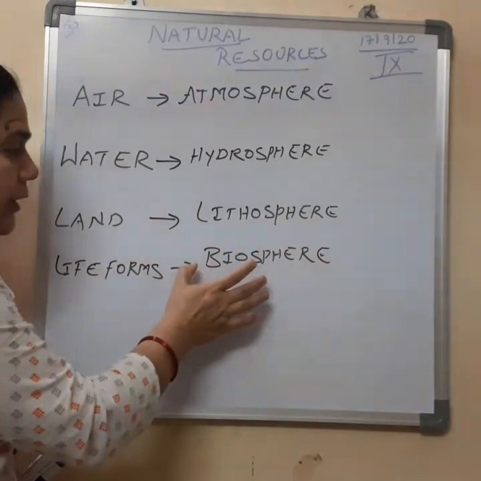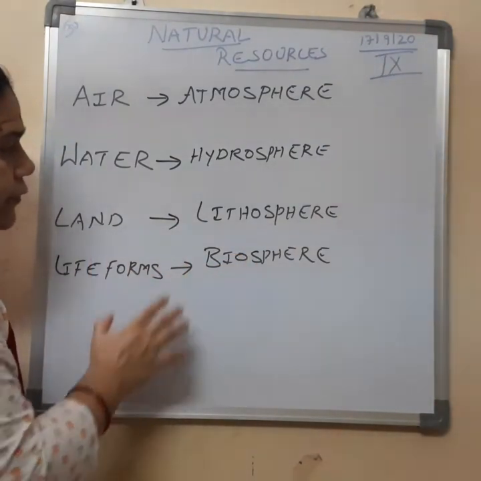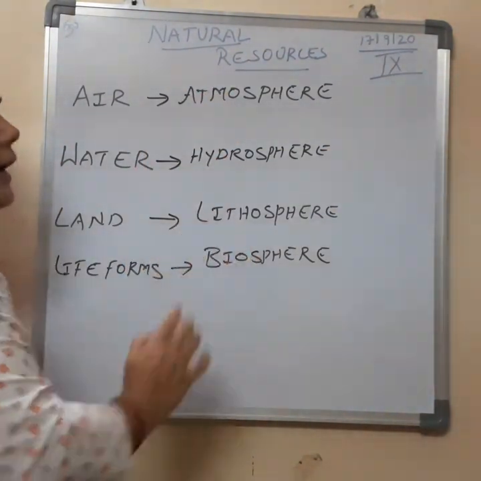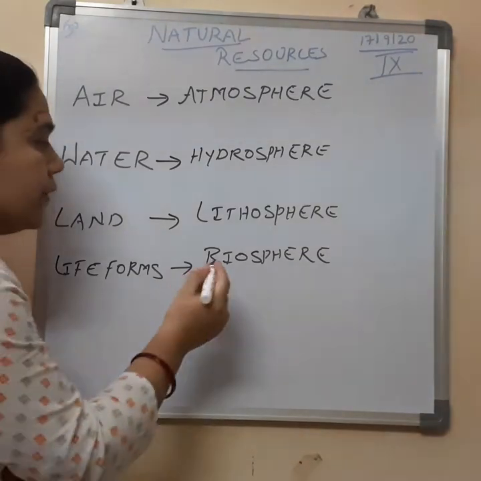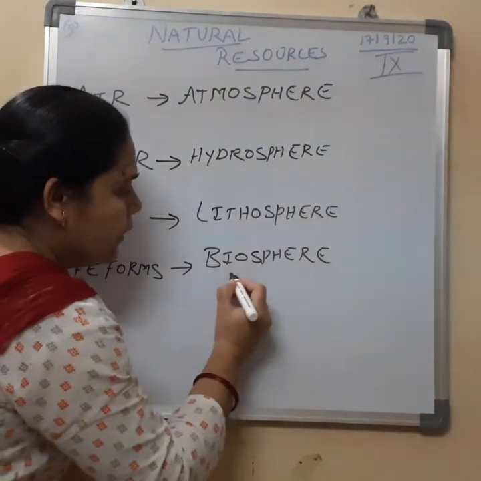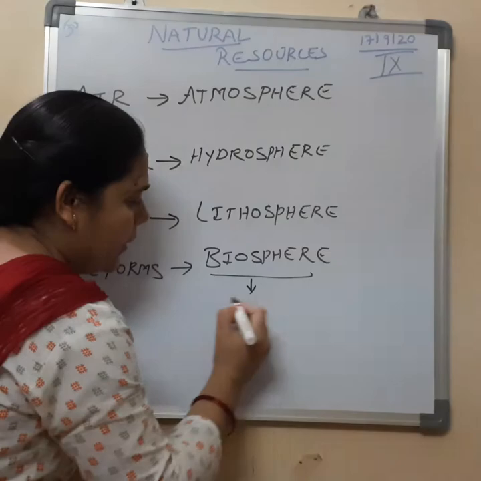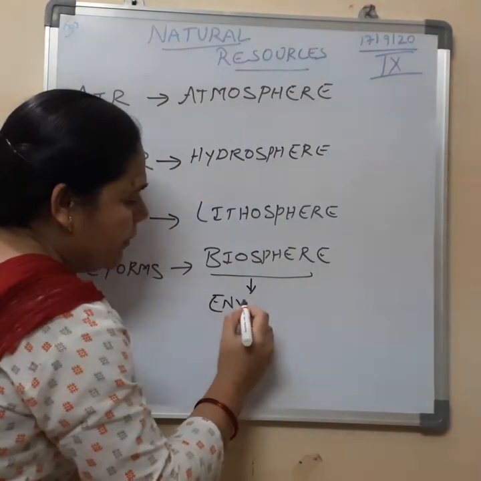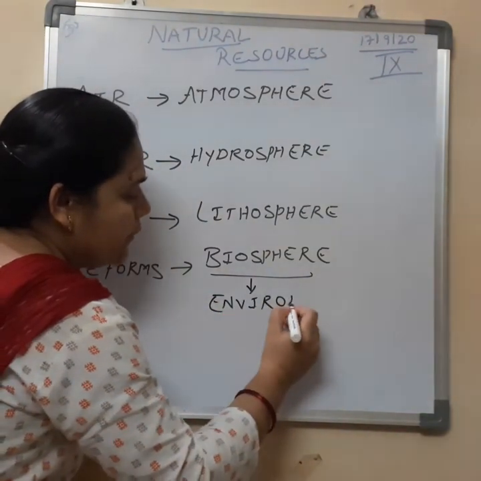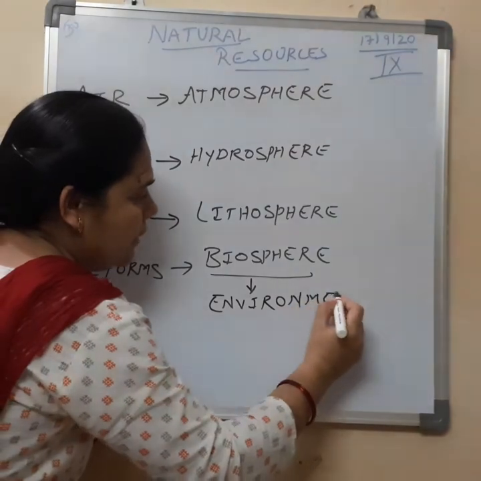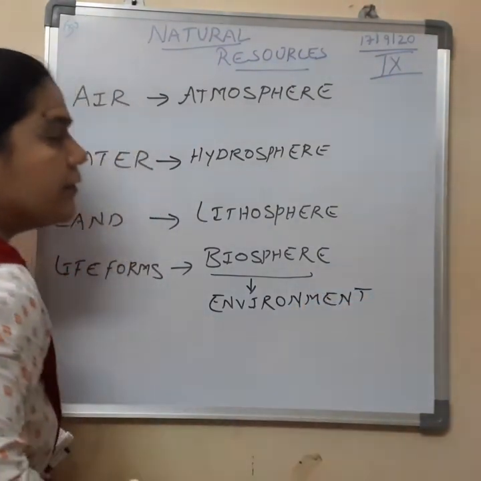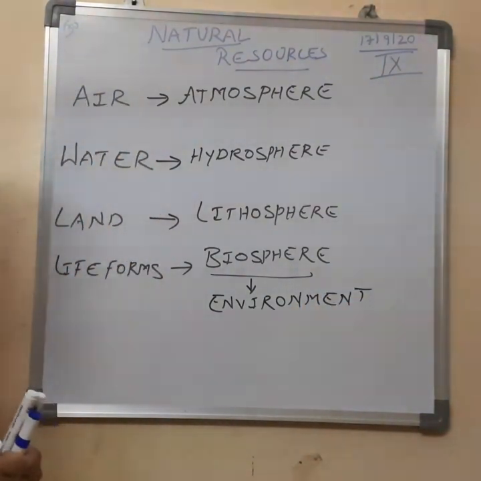Now what does this biosphere contain? So biosphere contains all these three elements and the living organisms, which make up our environment. So what is an environment? It is the natural surroundings wherein the living organisms coexist along with the natural materials.